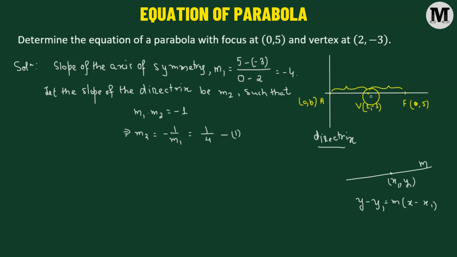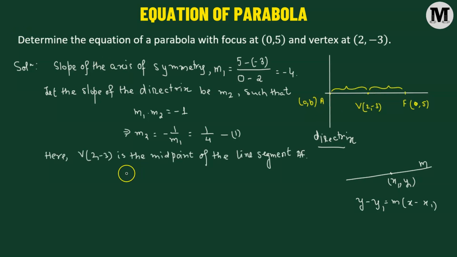Clearly, from this diagram, the vertex is the midpoint of the line segment joining point A and the focus. So here, you can use the midpoint formula to find the coordinates of point A. In other words, we take the sum of the x coordinates of A and the focus, so that's a plus 0 divided by 2, and for the y coordinate we have b added to 5 divided by 2, and this is going to be exactly equal to the coordinates of the vertex, that's (2, -3).